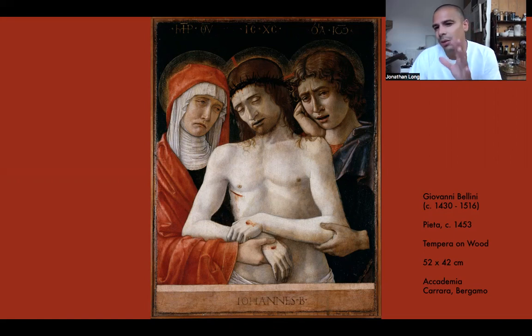Well, illuminators would use watercolor, they would use body color, they'd also sometimes use tempera, but tempera paint, which is pigment bound in egg yolk, was used in panel painting across Italy and the northern countries throughout the Middle Ages and the Renaissance. And what Bellini does is he is the first painter to really transform the application and use of oil paint for the Venetian School.